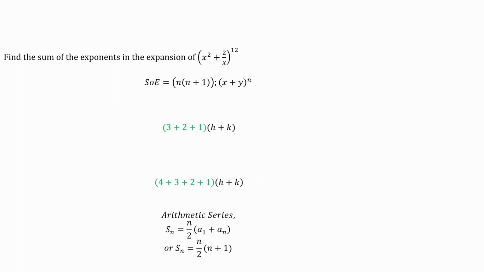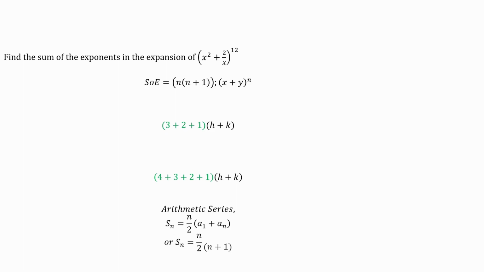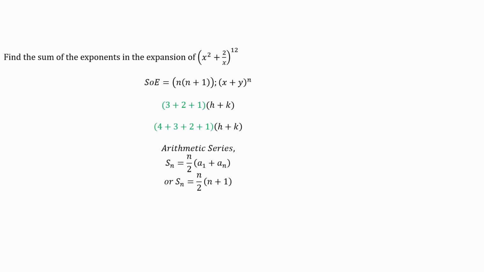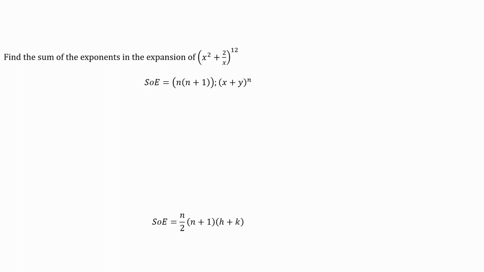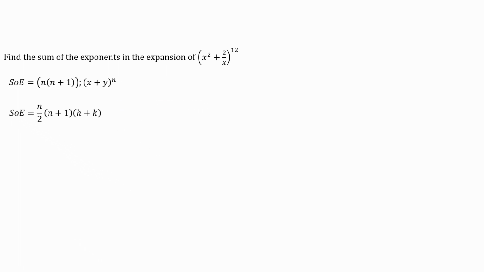So, isolate natin. So, therefore, yung formula natin para dun sa sum of exponents, so equal sa n over 2 times (n plus 1) multiply sa (h plus k). So, yun yung pwedeng gamitin nating general formula. Okay?